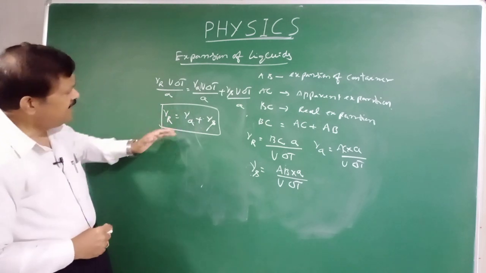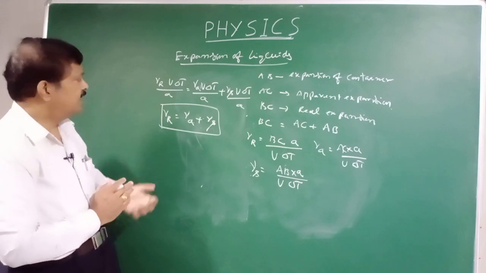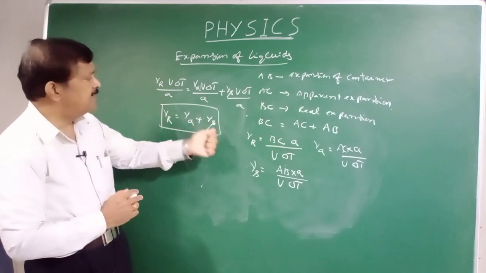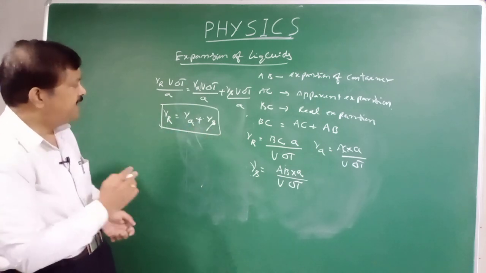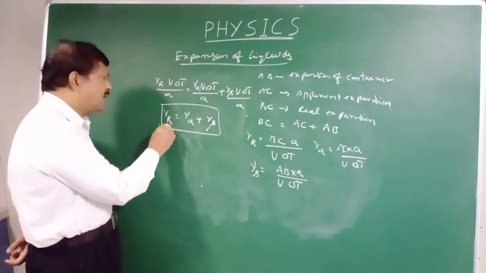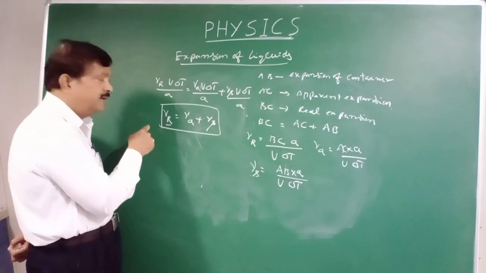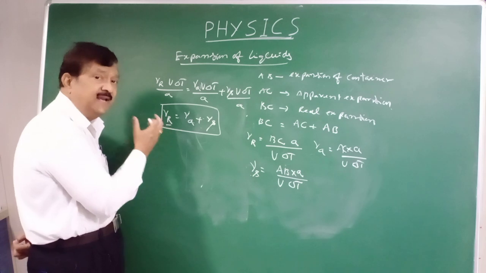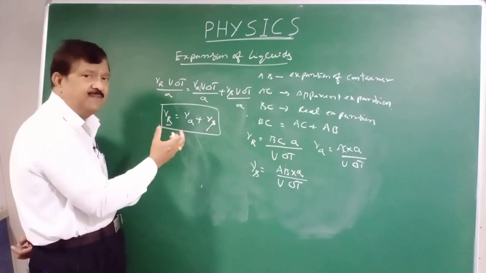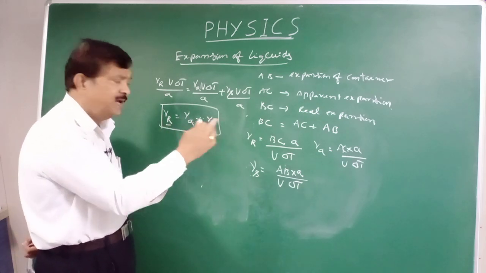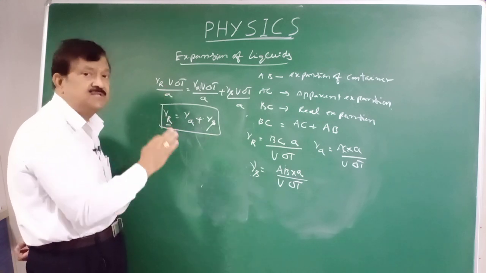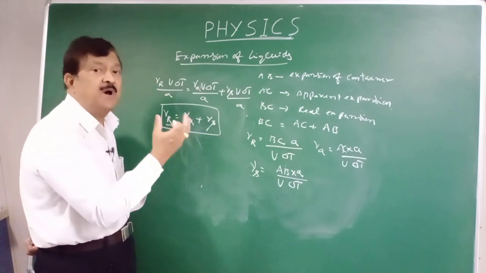Now after knowing this relation, gamma R equal to gamma A plus gamma S, very clearly gamma R is the actual property of the liquid. Whatever may be the container, gamma R always remains constant because it is the actual property.